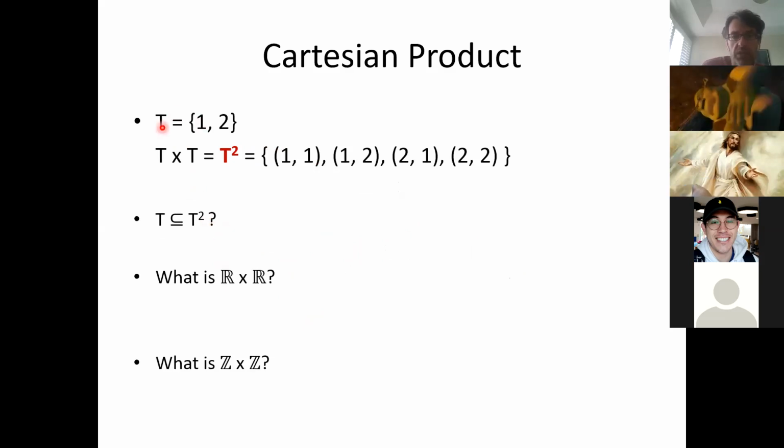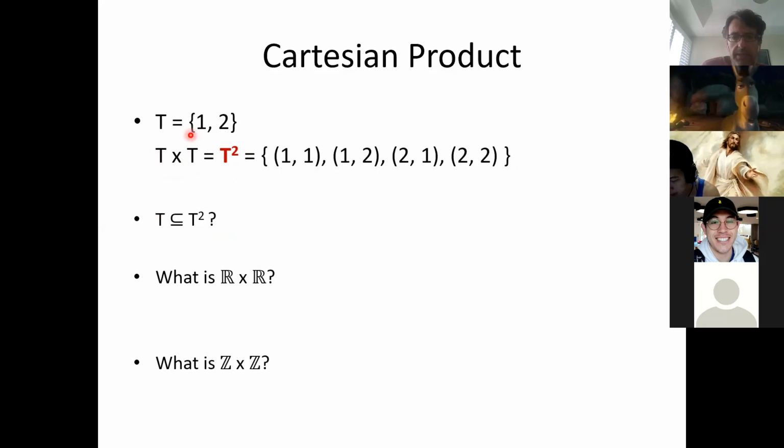So let's take T, a set of 2 integers, 1 and 2. What is the Cartesian product of T with itself, which I can abbreviate as T squared? It's a set of pairs such that the first element is in T and the second element is in T. These are all these pairs. There are 4 of them because the cardinality of T is 2.